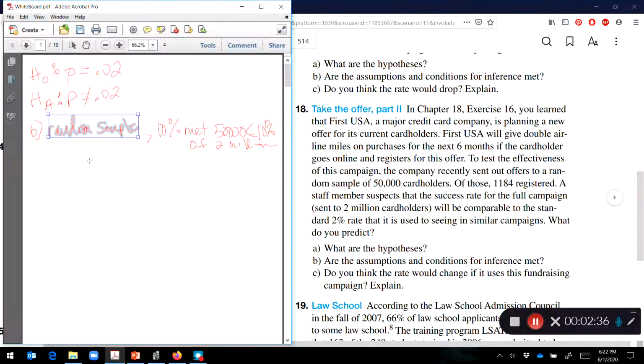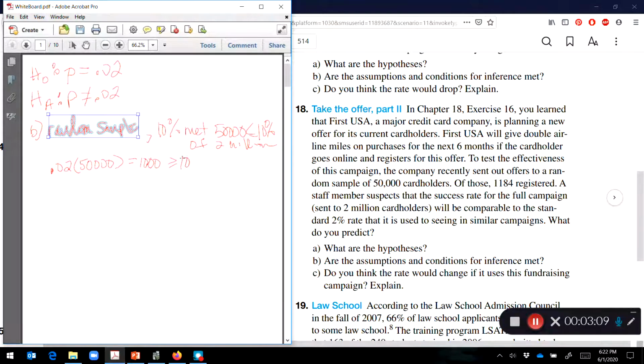Then our third condition is to make sure that we have at least 10 successes and 10 failures. I immediately know that's met because we got back 1184 successes, and 50,000 minus 1184 failures, which is bigger than 10. But we're going to do it off of what we predicted with the 2%. We calculate 0.02 times 50,000 as our number of successes, which is about 1,000.